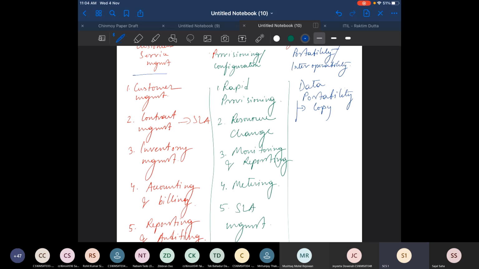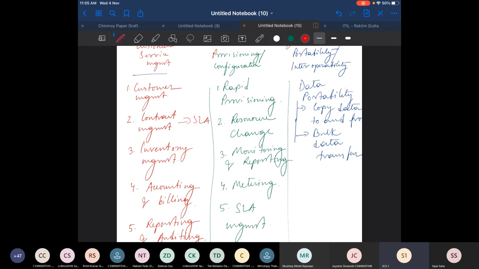To and from means from customers to data center, or vice versa, from data center to customer, or you can go for bulk data transfer. During migration, we require these services of bulk data transfer, right?